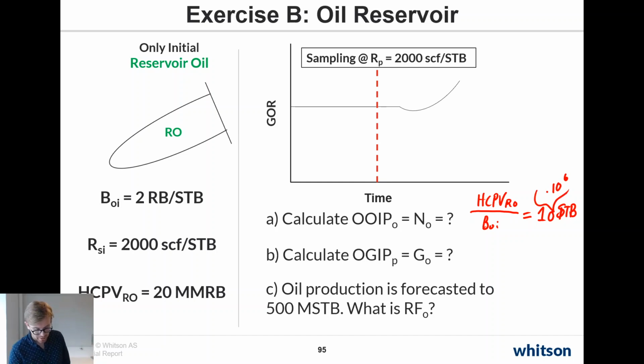When we talk about the original gas in place, we have to simply take this NO number right here and multiply with the solution GOR, right?